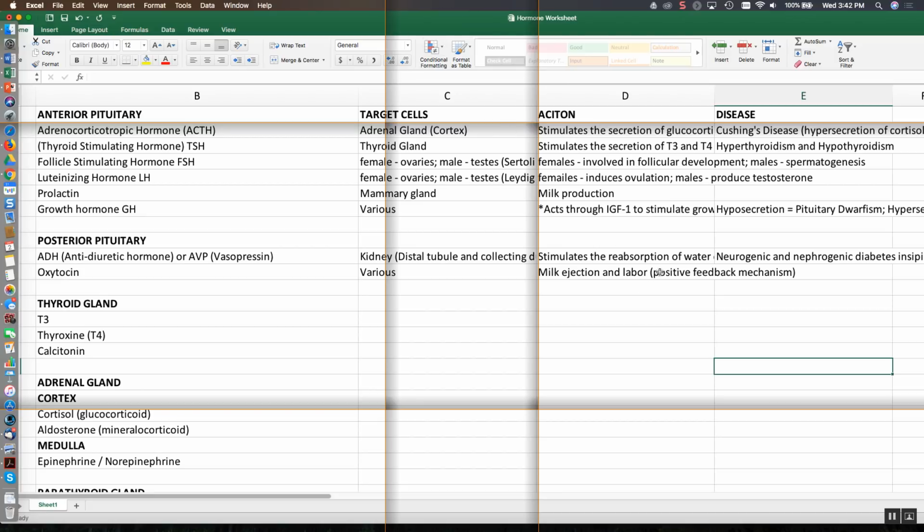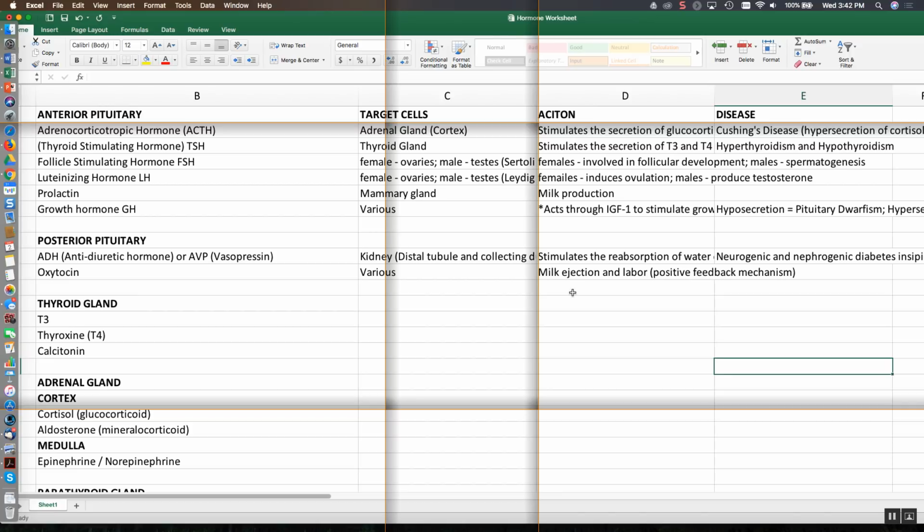Okay, so if I were to ask you, if you cut any kind of communication between the hypothalamus and the anterior and posterior pituitary, but you only cut neurons, which one is going to be affected? Yeah, the posterior.